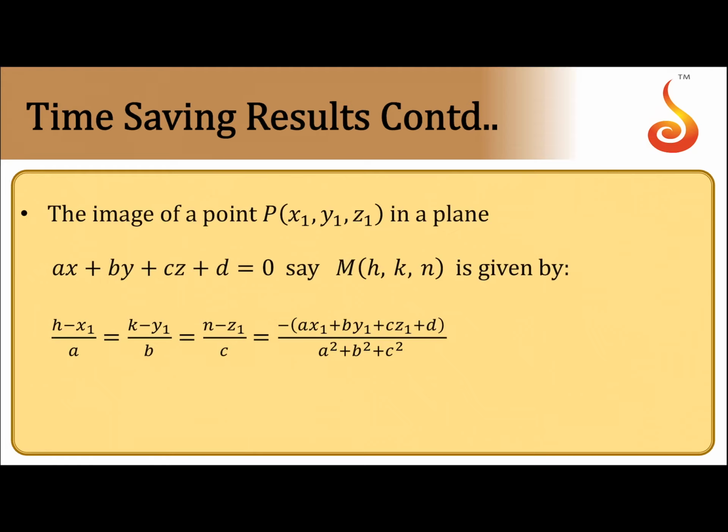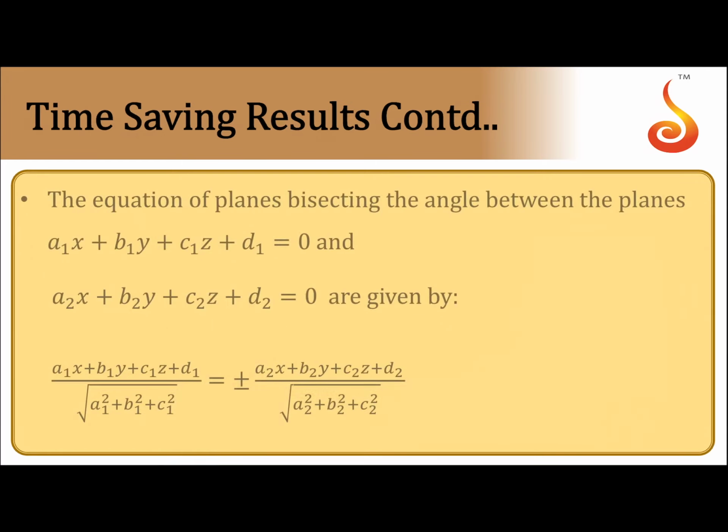And the image of a point in the plane. Suppose you consider this point P, x1, y1, z1. The image of the point with respect to the plane is given by M, and the coordinates h, k, n are obtained by this identity, which is similar to finding the image of a point with respect to a line.